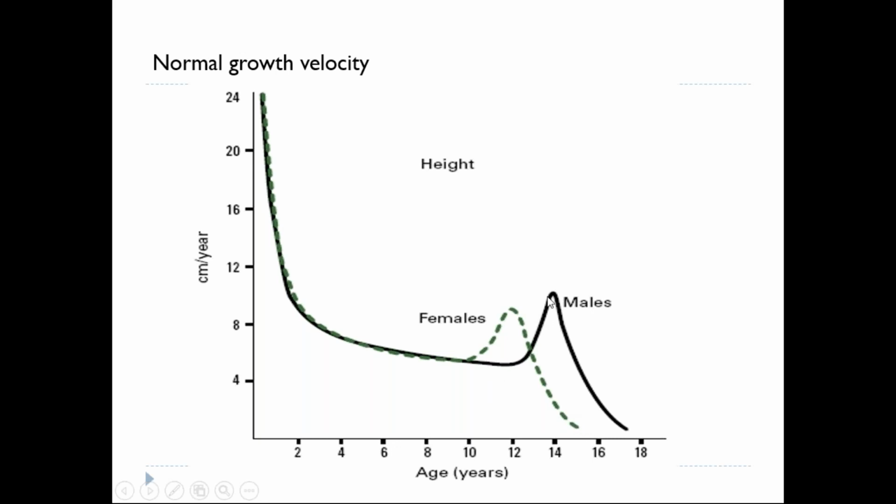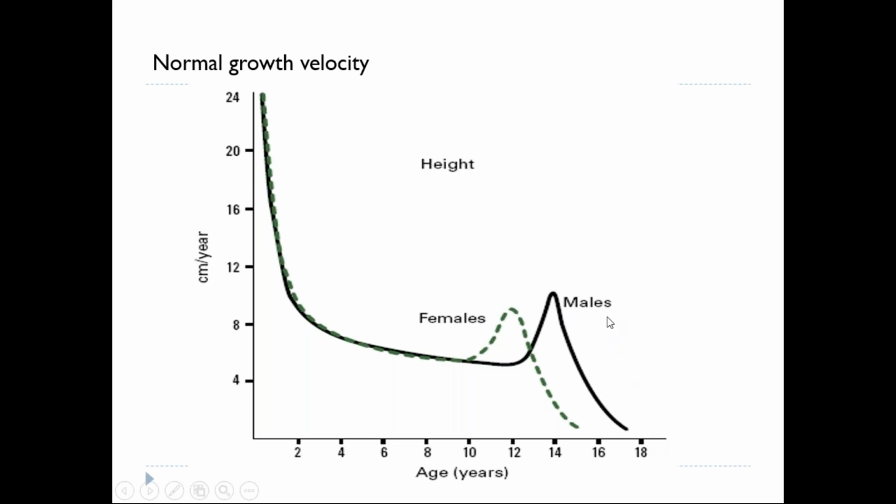Boys get their growth spurt a bit late, but it is a higher growth spurt, from 14 to 16 years of age. And then slowly by 18 years of age, it slows down.